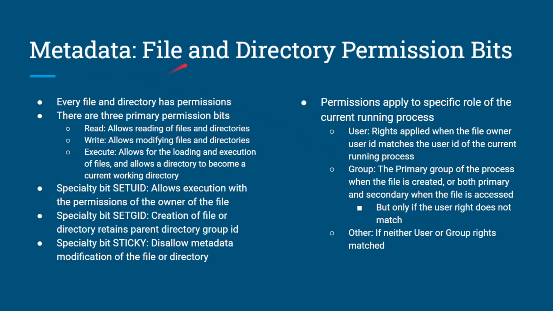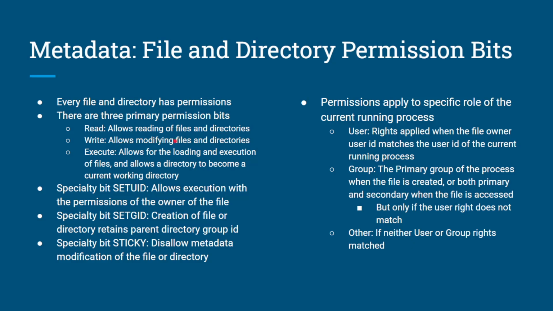The metadata for file and directory permission bits is also fairly important. So every file and directory have permissions, and you've seen some of these already. There are three primary permissions: the read permission, the write permission, and the execute permission. For files and directories, the read just simply means we can read the content of that file or directory.